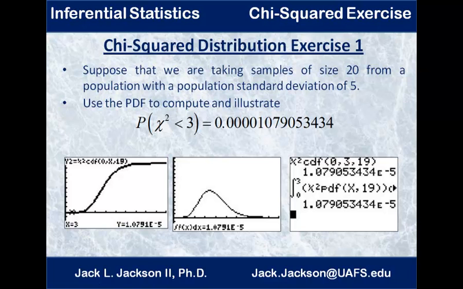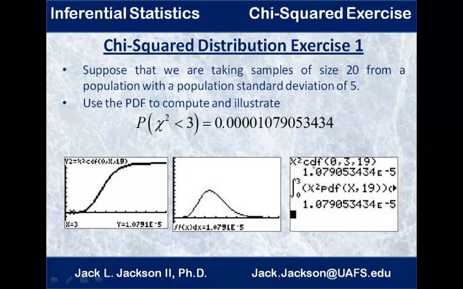Very, very small. Now, if you don't want to draw the pictures, if it didn't say anything about illustrating, we could just compute that. One way we can do is compute it with an integral, using the function integrate from the PDF. So we integrate from 0 to 3 PDF of x, comma 19, dx, same number. But I think the easiest way to do this one, if all we need to know is this probability, is the top one on this screen right here.